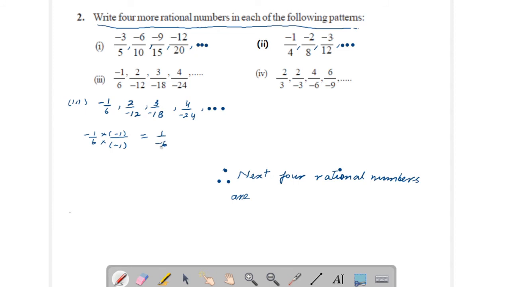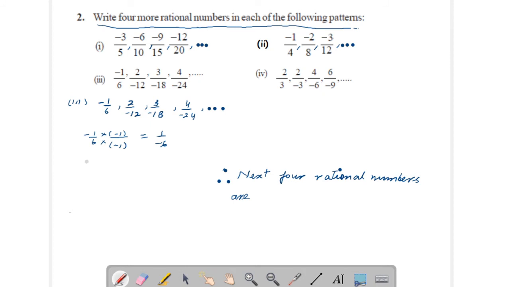Here second rational number is obtained by multiplying 1 upon minus 6 by 2. Third rational number 3 upon minus 18 is obtained by multiplying 1 upon minus 6 by 3. And 4 upon minus 24 is obtained by multiplying 1 upon minus 6 by 4. The next four rational numbers can be obtained by multiplying 1 upon minus 6 by 5, 6, 7 and 8.